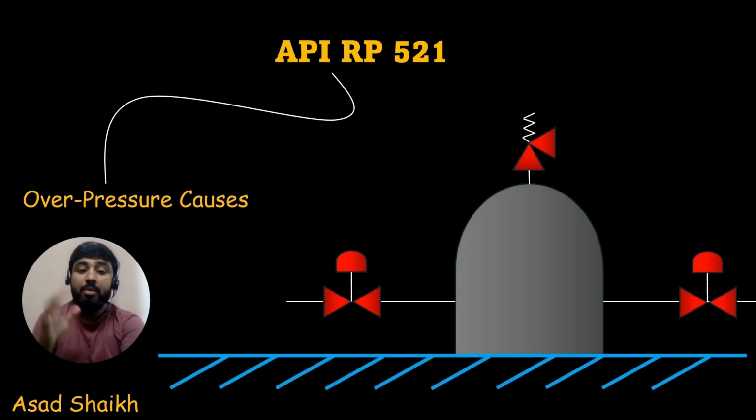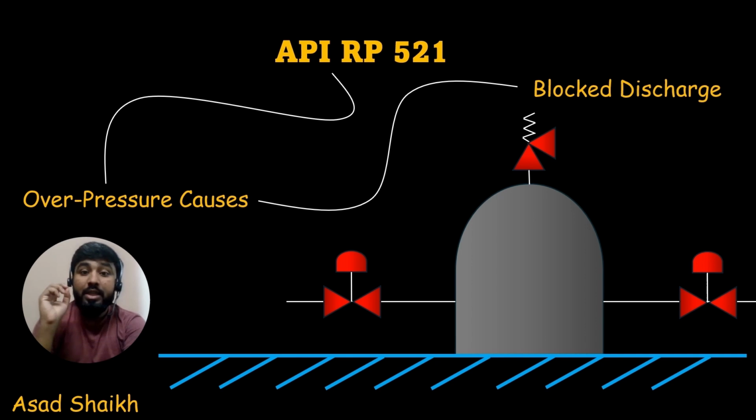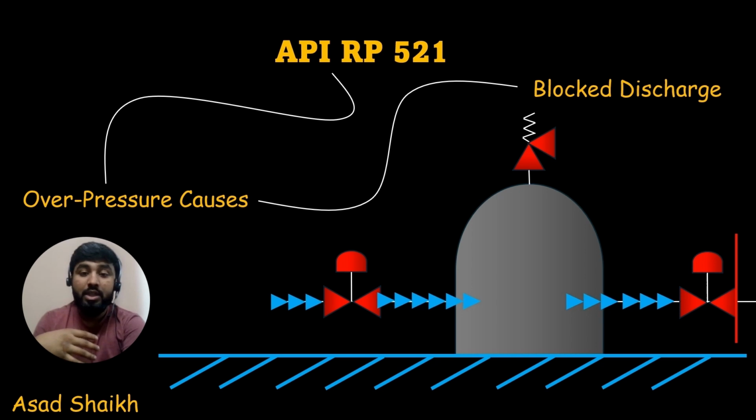So imagine here's a tank wherein there's an inlet valve and an outlet valve, and there's your relief valve put on the top of it. Now let's understand the blocked discharge condition. Imagine that your inlet is providing some process fluid which enters the tank, and eventually the tank is going to let this out through a discharge valve. But imagine that your discharge valve is now blocked.